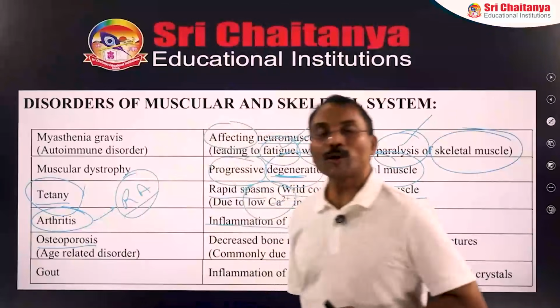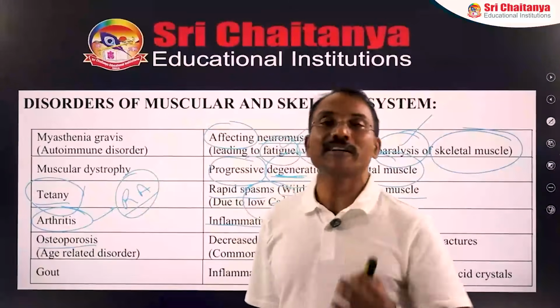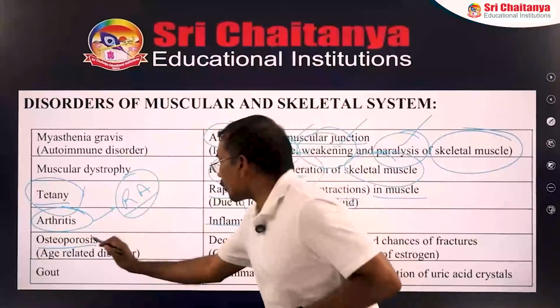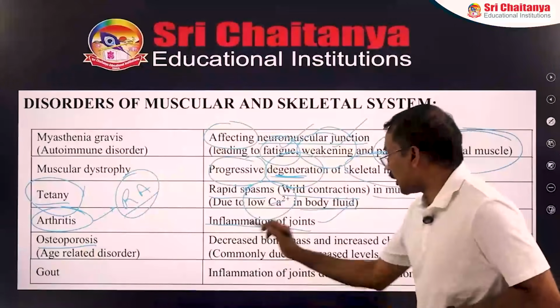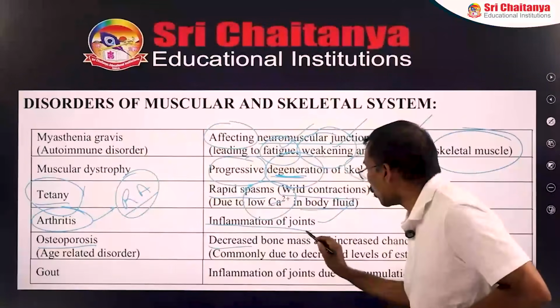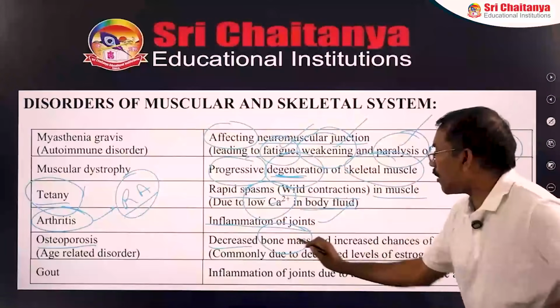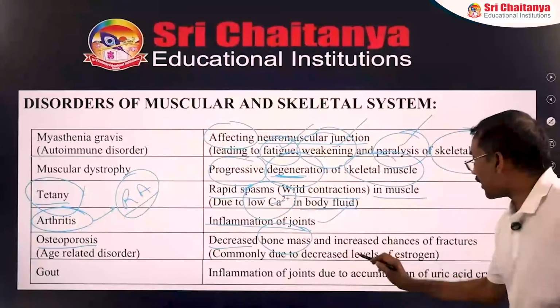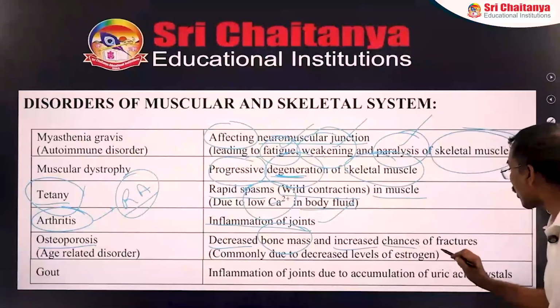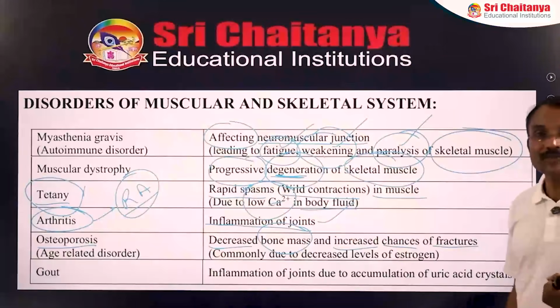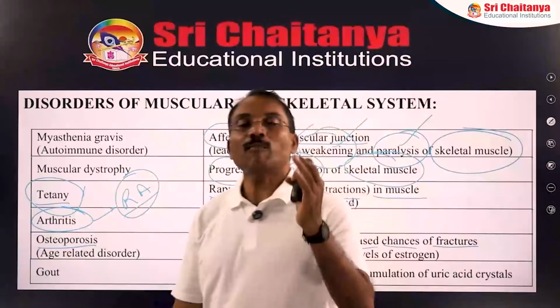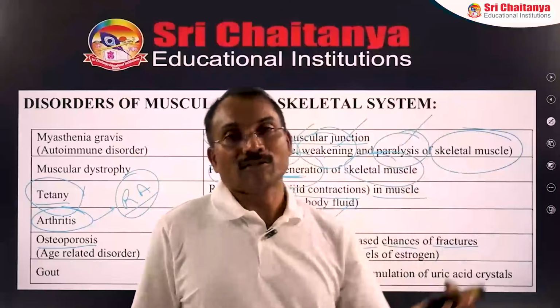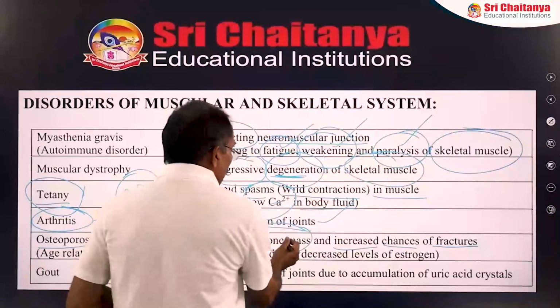Osteoporosis. Osteoporosis is an age-related disorder in which bone mass is decreased and there are increased chances of bone fractures. Chances of bone fractures increase due to decreased bone mass.